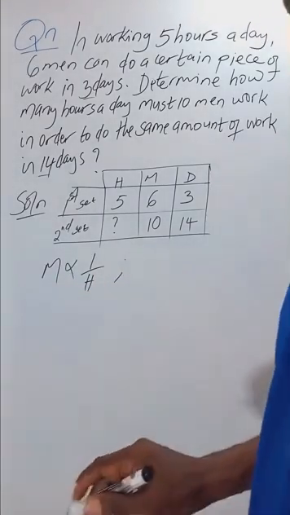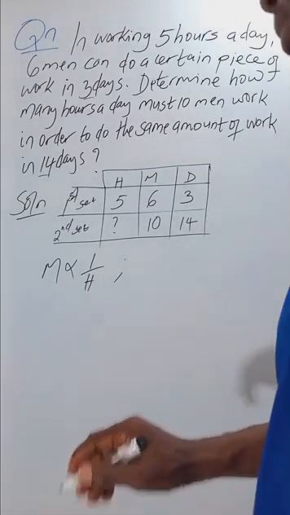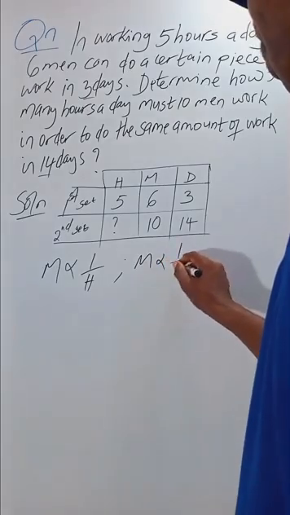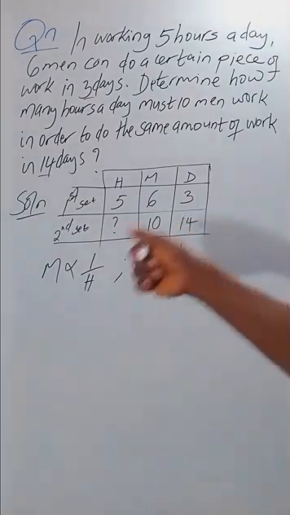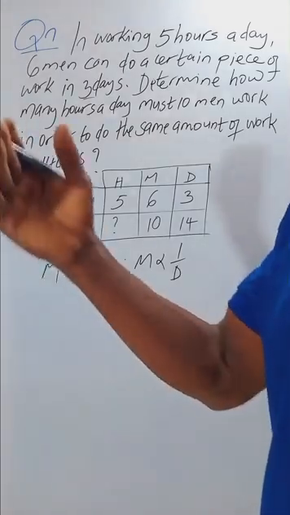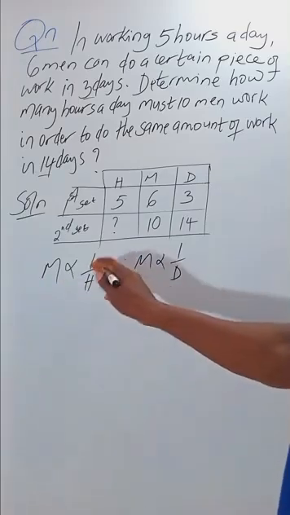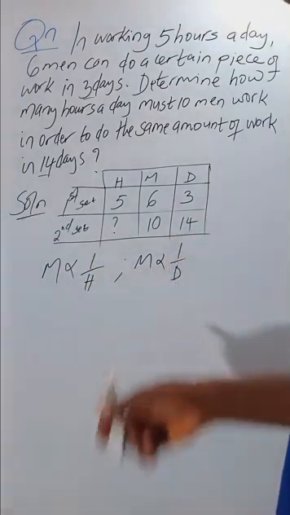On the same token, in terms of number of days, men are also inversely proportional to number of days. Why? Because the relationship between hours and days, increasing hours means increasing days. So men are inversely proportional to number of hours, and at the same time inversely proportional to number of days.